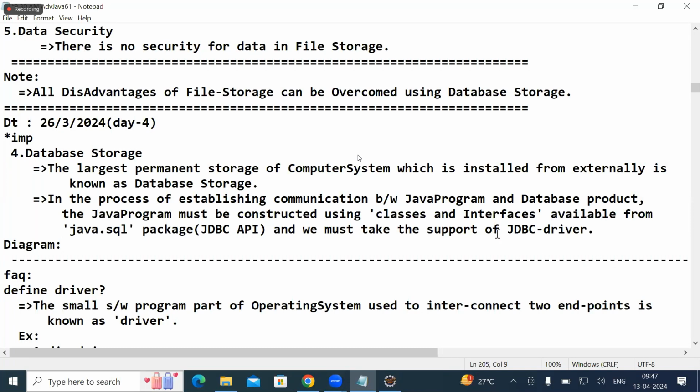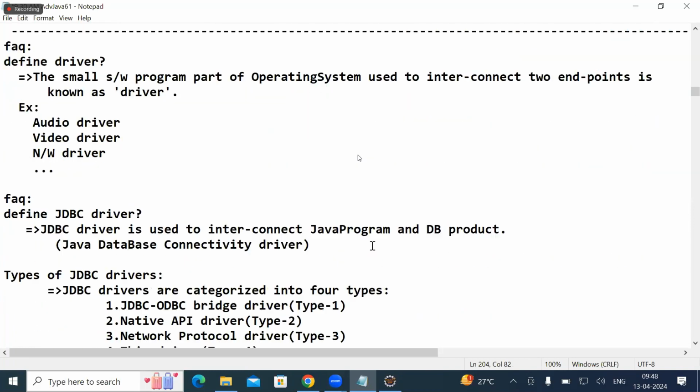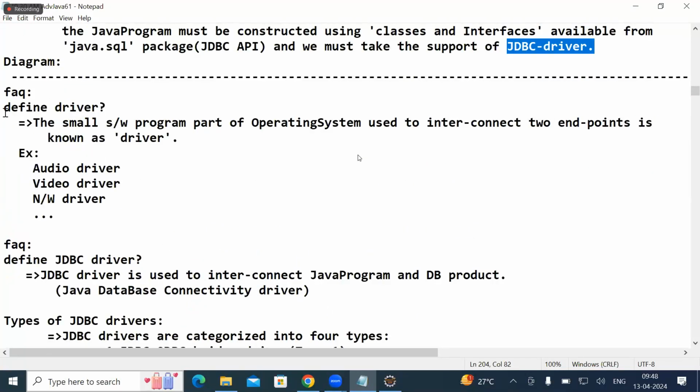Sir, how many drivers are there and why are we using the thin driver? Up to now, all practice we made with the thin driver only. What is the reason behind using only the thin driver in the practicals? Other drivers we are not using. Then I made a statement. First, you must know the driver, I said on that day.